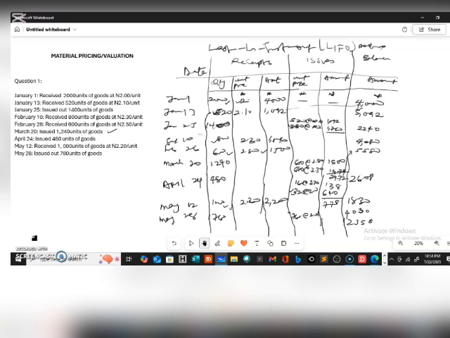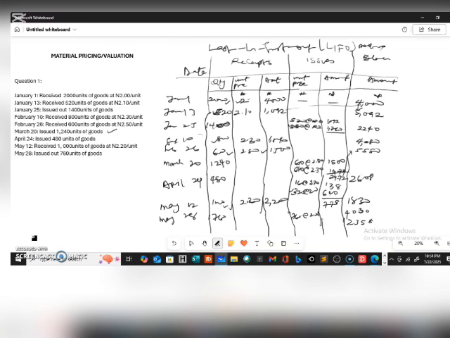April 24, we have 480. This is how we were able to get this 2608. On April 24, we were told we issued out 480 units of goods, of which we have 160 at 2 naira 30 kobo.